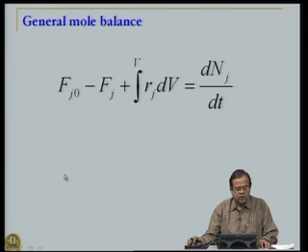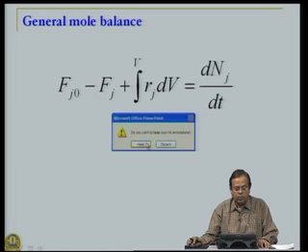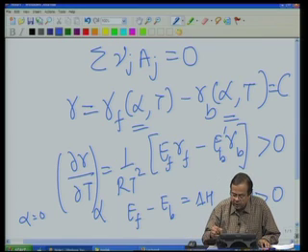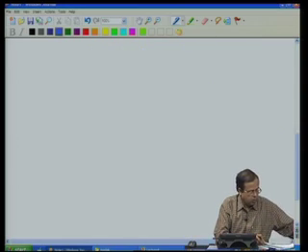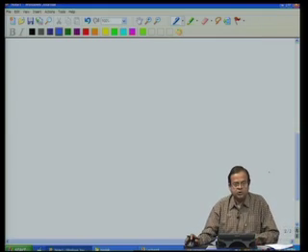Let us do a general mole balance and see how we get this particular mole balance. So, let us do this balance for a small volume, so that we follow the steps that are involved.